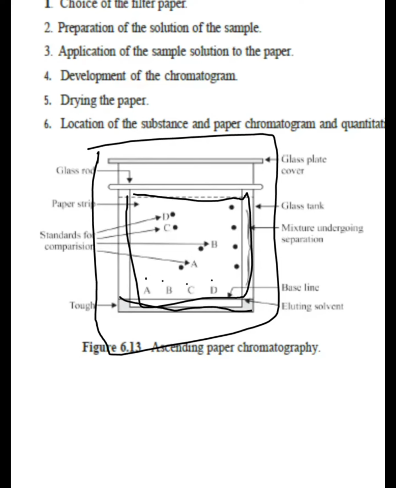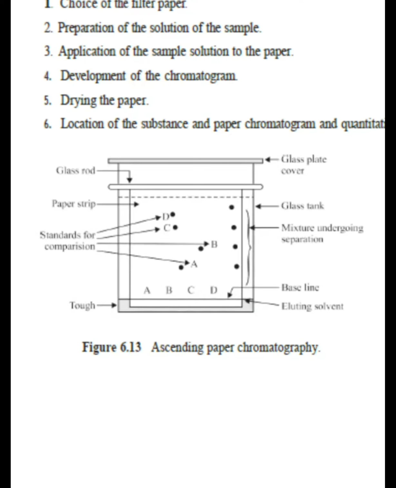This brown color is the solvent, which is the mobile phase, which moves when the paper is dipped inside the beaker. We have taken only 5 ml of this mobile phase.